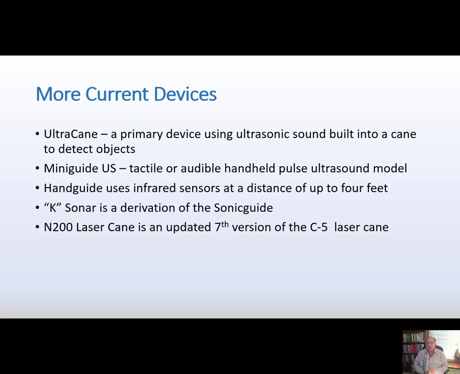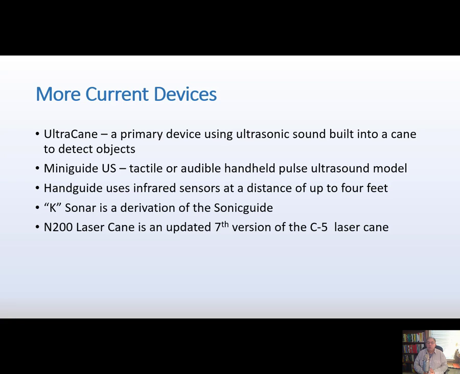Okay, but let's talk about some of the more current devices. The Ultra Cane, a primary device because it had its electronics built into the cane. It's currently available. Uses ultrasonic sound to detect objects to the front and above the waist.